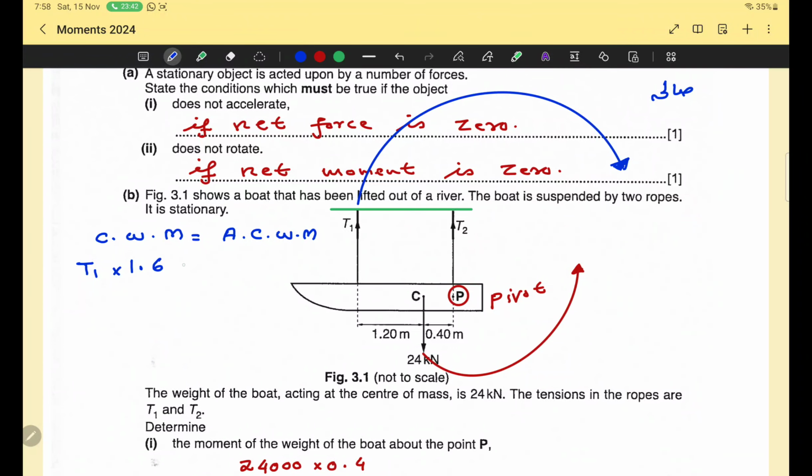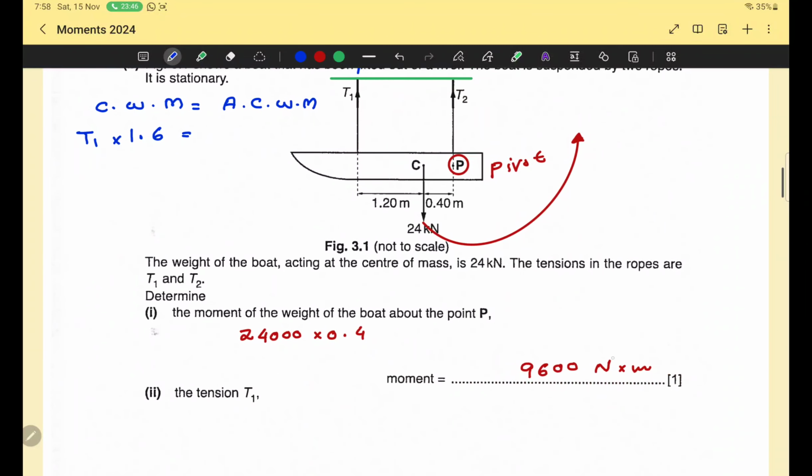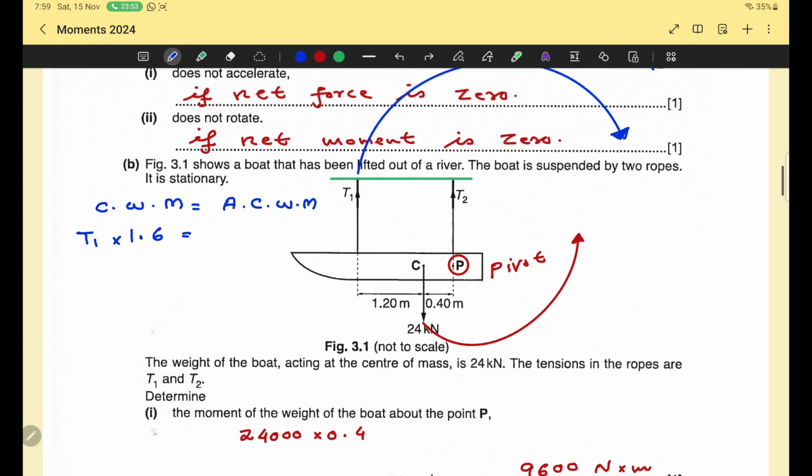Okay, and for the anti-clockwise moment, you have already calculated it: the anti-clockwise moment is due to the weight of the boat, which is 24,000 Newton. Clockwise moment is T1 into 1.6, and if we are calculating T1, then T1 equals 24,000 divided by 1.6.